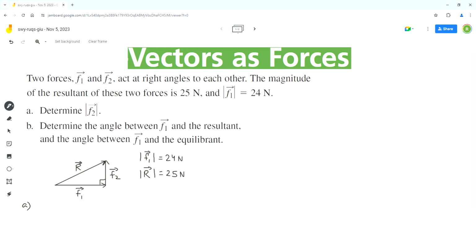So for that, we can use the Pythagorean theorem equation. So this will be the Pythagorean theorem equation for the magnitude of these three vectors. Now we can sub in the values.